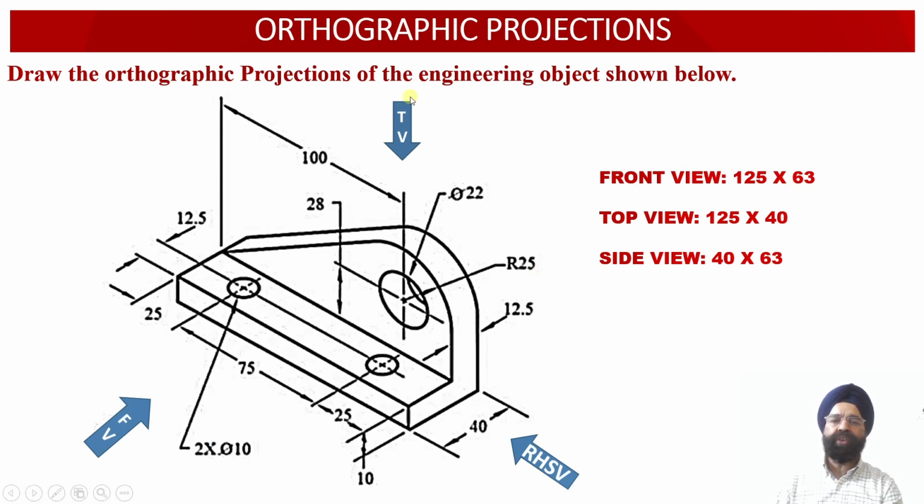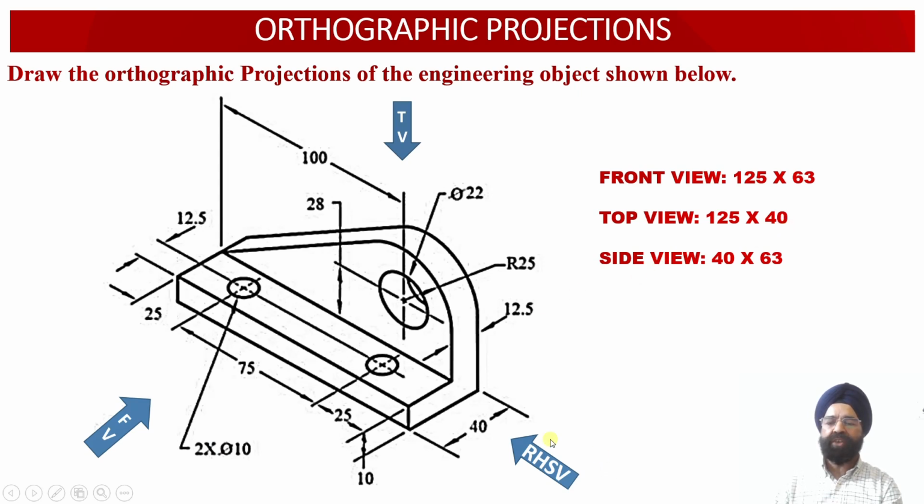Now when we look at the solid from the top, the width of the solid will be 125 millimeter while the depth of the solid has been provided to us as 40 millimeter. So the top view face corresponding to the solid will be having the dimensions 125 millimeter by 40 millimeter.